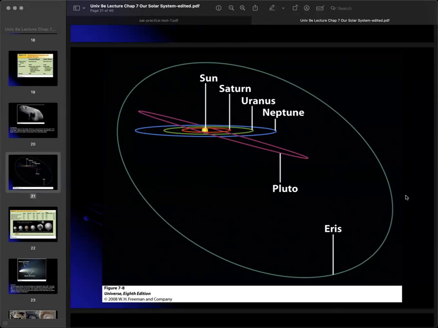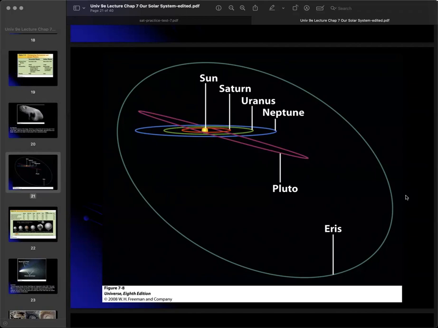Secondly, because of being small and having a large orbital period, it hasn't cleared its neighborhood of debris. Plus, after the discovery of Pluto, many other objects were found which were about the same size as Pluto and some even bigger.